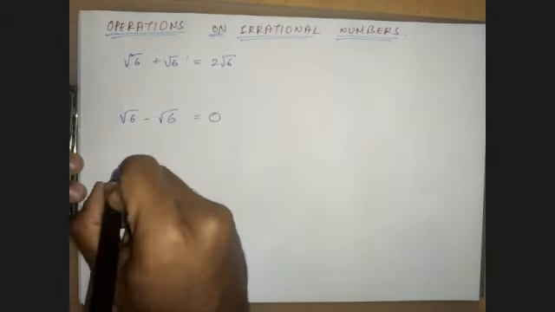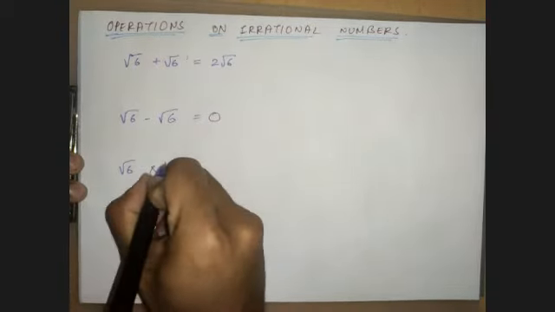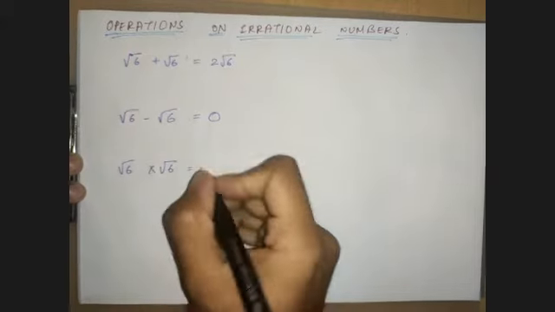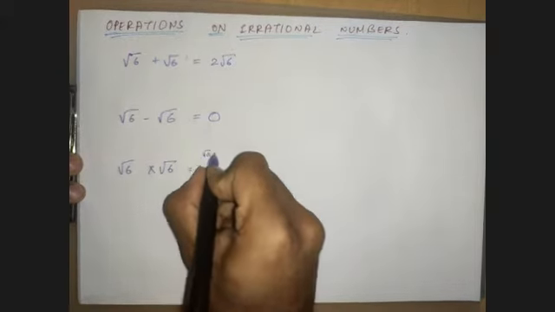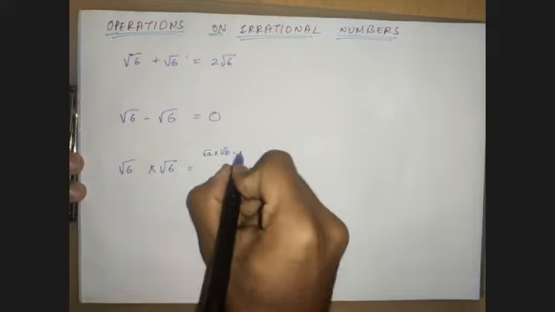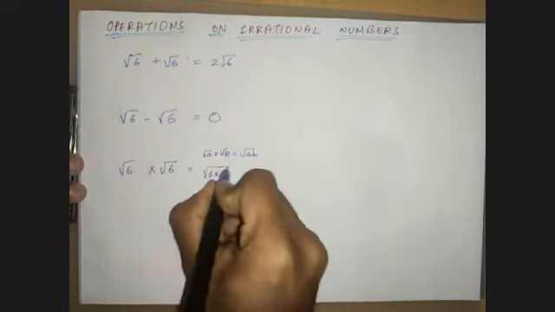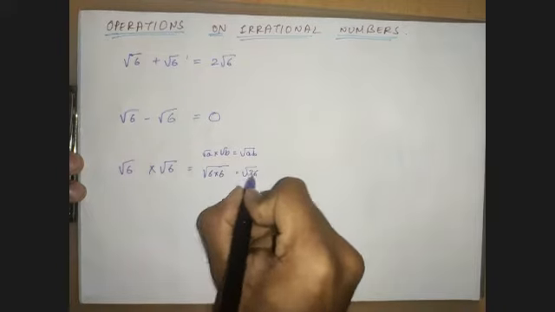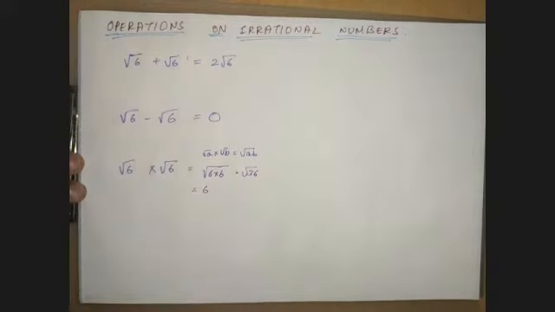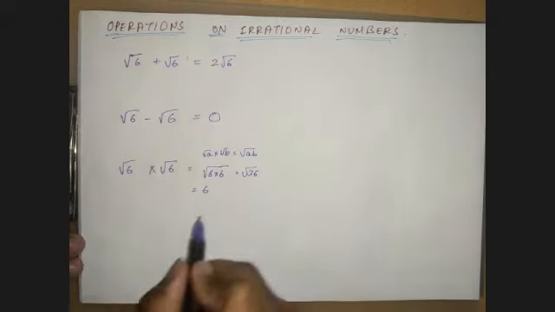What happens if you multiply root 6 into root 6? I told you, root a into root b is equal to root ab. So this would be root of 6 into 6, equal to root 36, which is 6 itself, because the square root of 6 squared is 6.